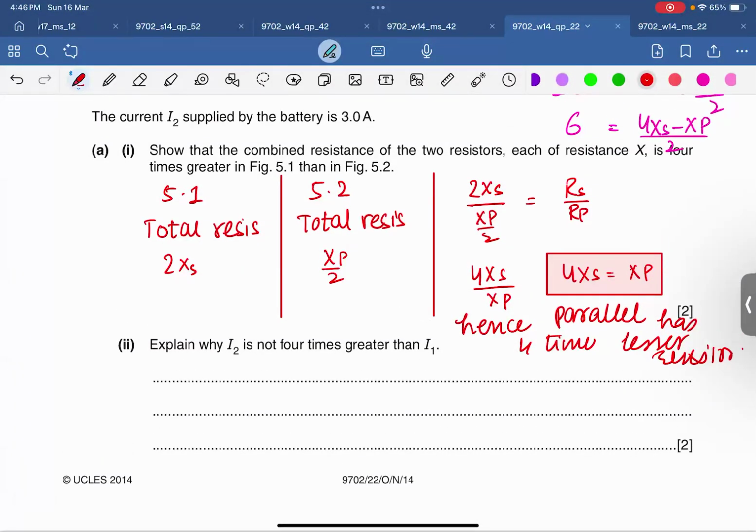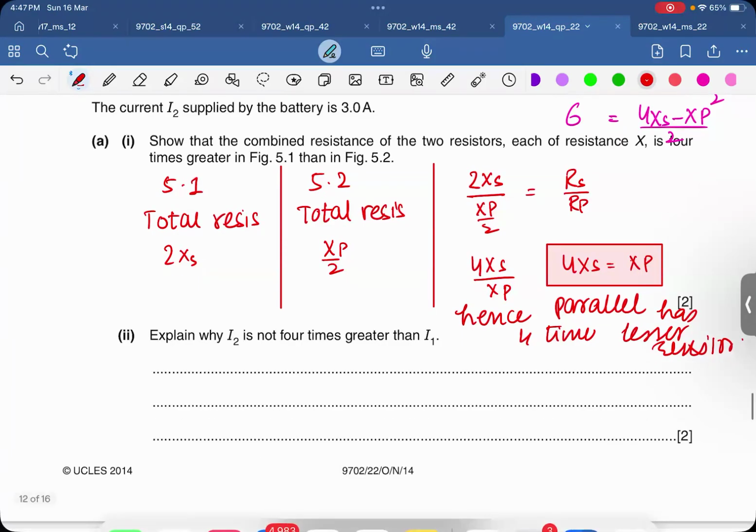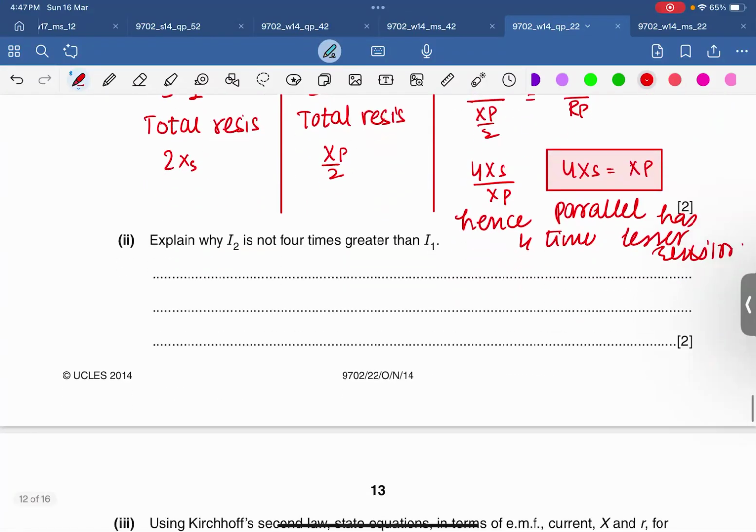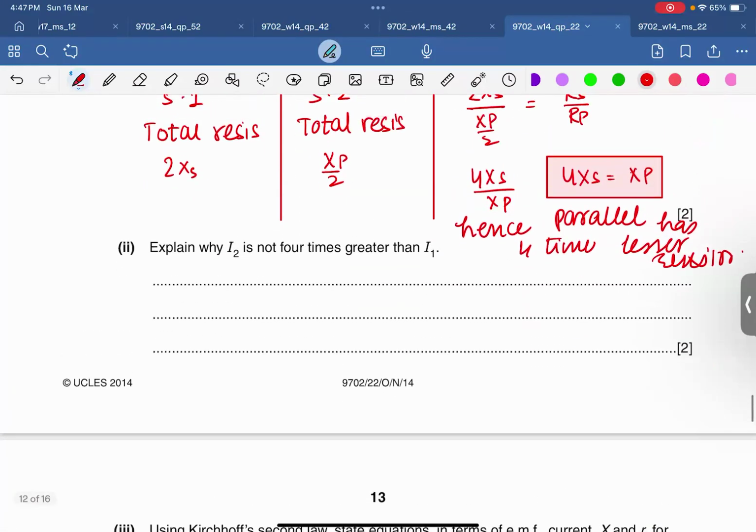Explain why I2 is not 4 times greater than I1, because you have the internal resistance, right? So the internal resistance is not 4 times.